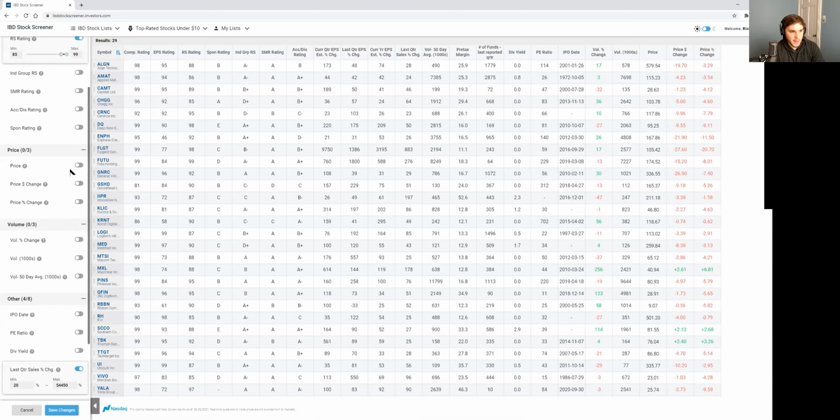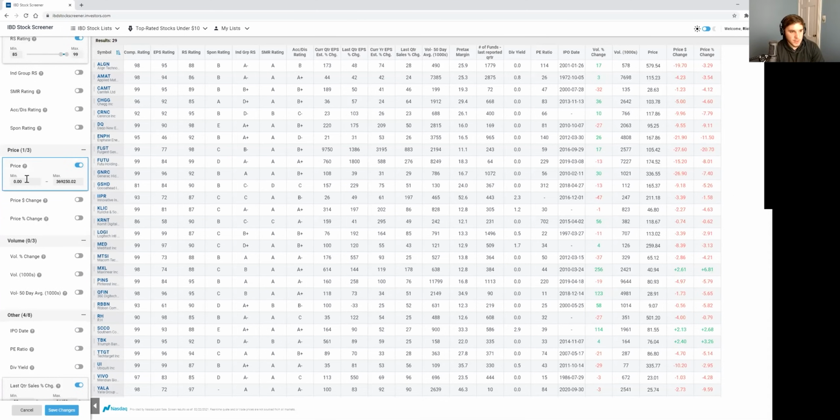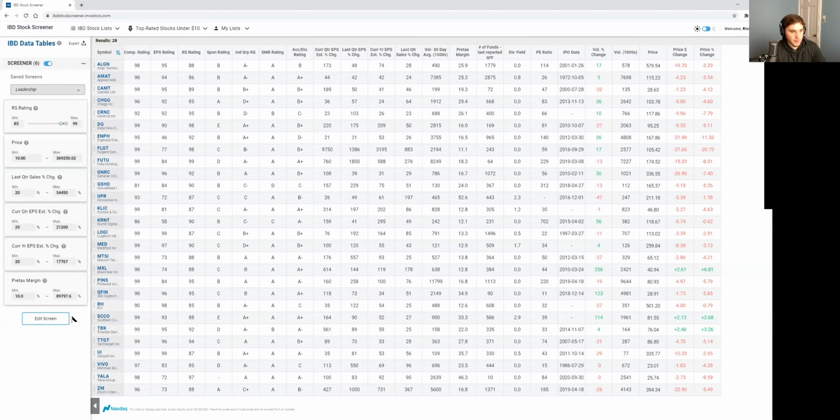And to add a condition, you can basically just do this. Sometimes they have a slider too. So if you only want stocks greater than 10, you do 10 as the minimum. Max, I don't know what stock that is, maybe Berkshire Hathaway, and you just do save changes, and it will apply to all these. Out of all the IBD data tables, this is a pretty good scan that puts up some good names here.